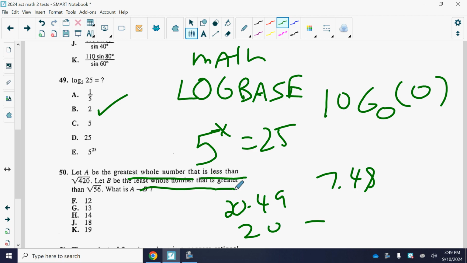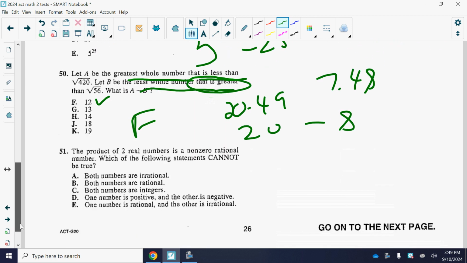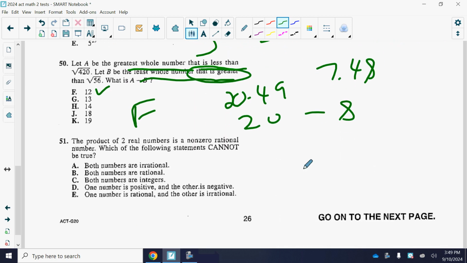Wait. Oh, look at me reading it wrong. It's greater, so it's 8. So there you go. I missed one right there in the reading. So you're in good company when you do it. Just be careful. I knew to be careful, though. I knew right away that I was like, all right, which way to go?